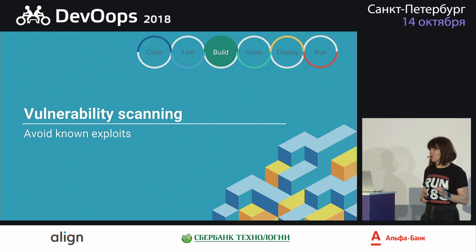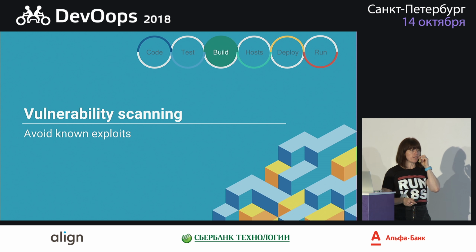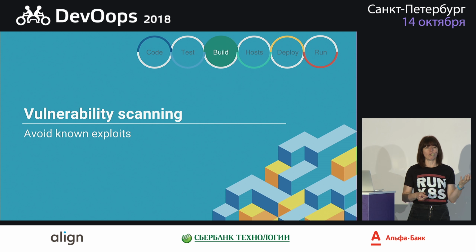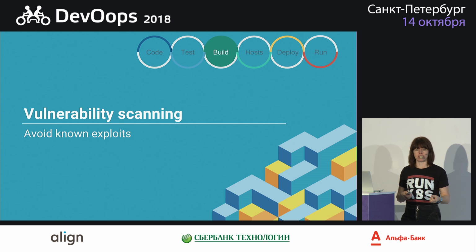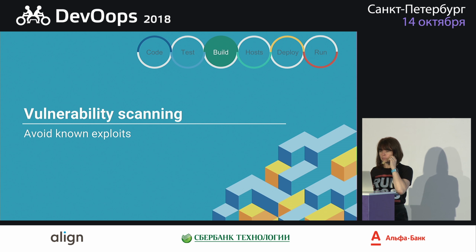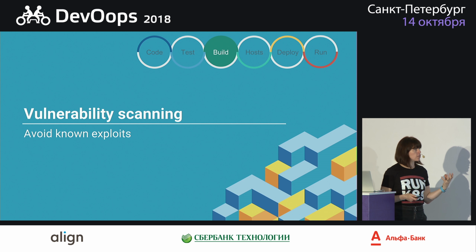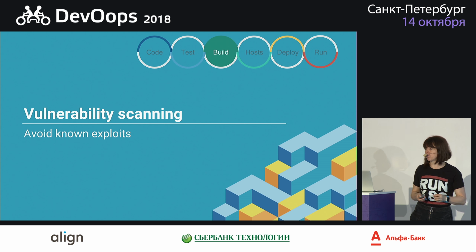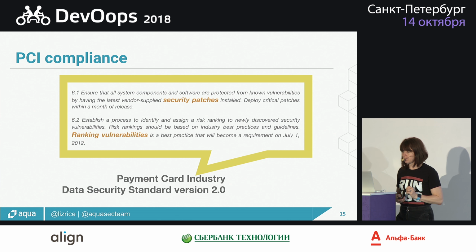Right, the next step is vulnerability scanning. This is looking for known vulnerabilities in the third-party dependencies that you include. I think most of us will end up incorporating some kind of package dependencies, depending on the language we're using. With vulnerability scanning, we're checking whether there are any known exploits or known vulnerabilities in those packages.